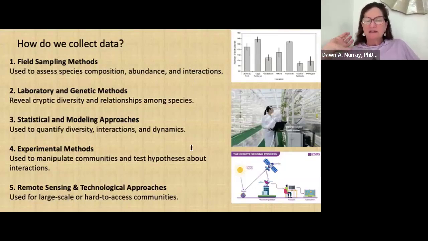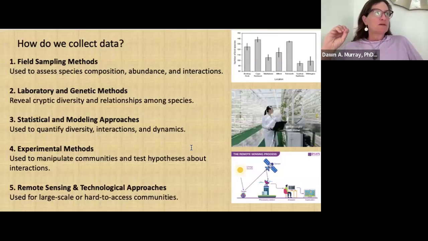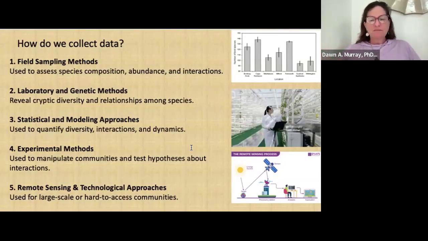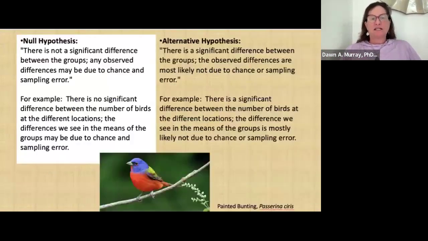Remote sensing is usually satellites that are collecting data, sending it through the web to computers where then people can analyze the data. This is really, really important. We get a lot of information about winds and currents in the ocean from remote sensing. So here's some of our ways that we look at data.